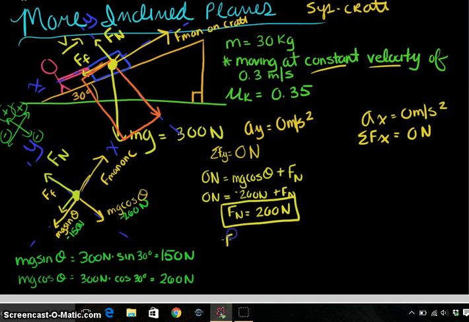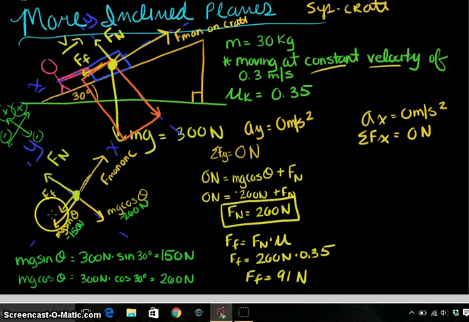Now we have our normal force, and we know the coefficient of kinetic friction. So this allows us to find our frictional force. Right? So the math model for friction is F normal times the coefficient of friction, and we have our F normal is 260 newtons, and our coefficient of friction is 0.35. So we can calculate our frictional force, 260 times 0.35, and it's about 91 newtons.